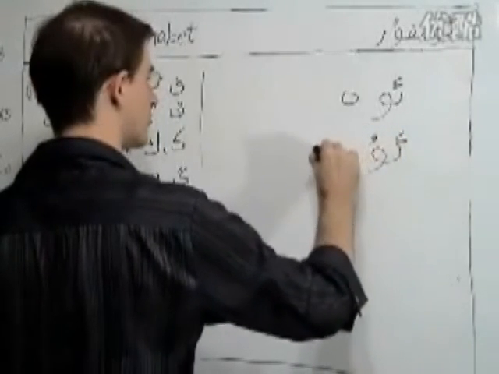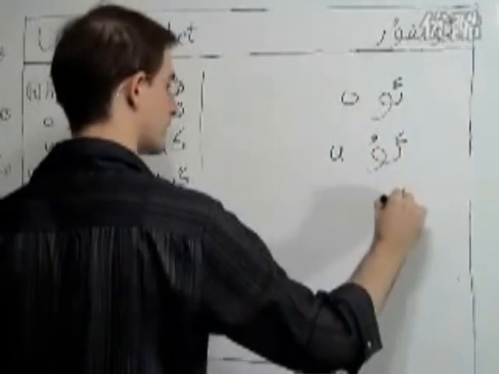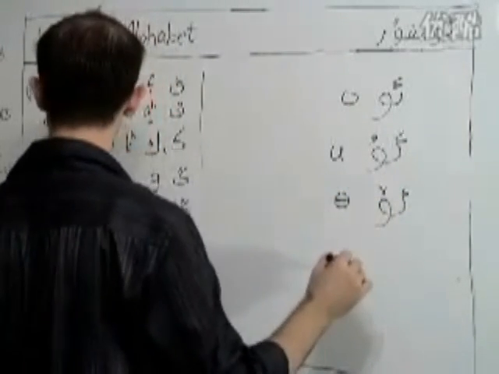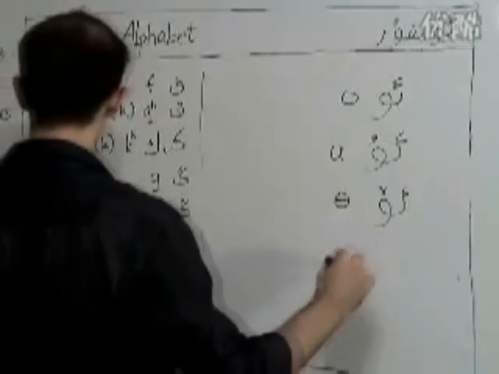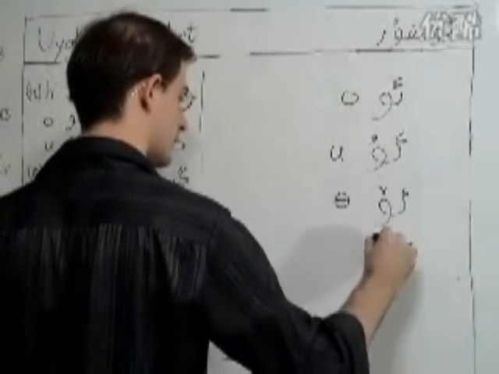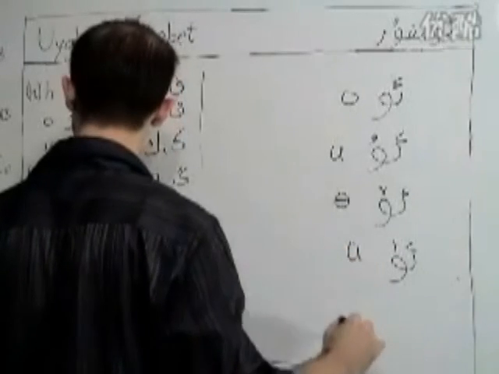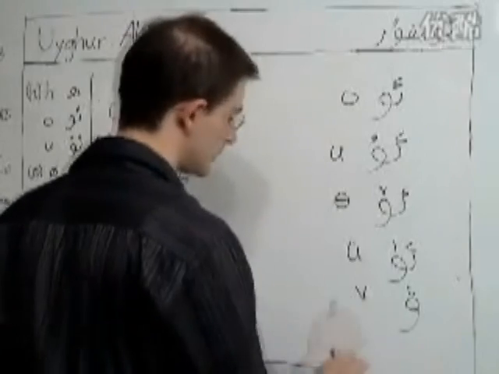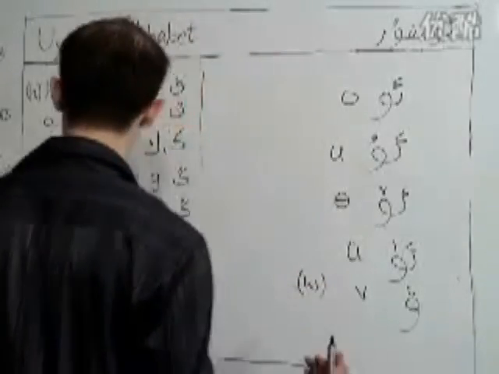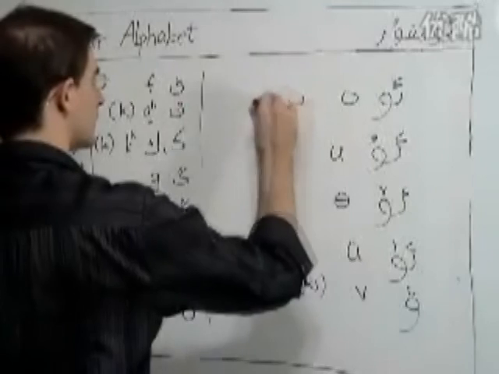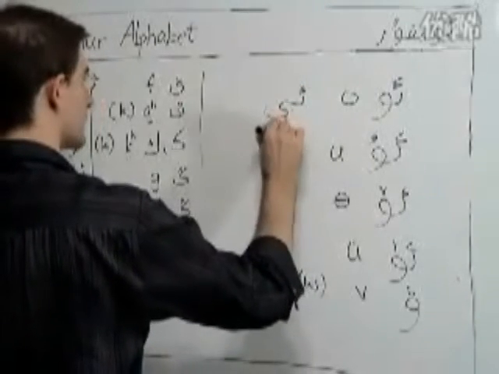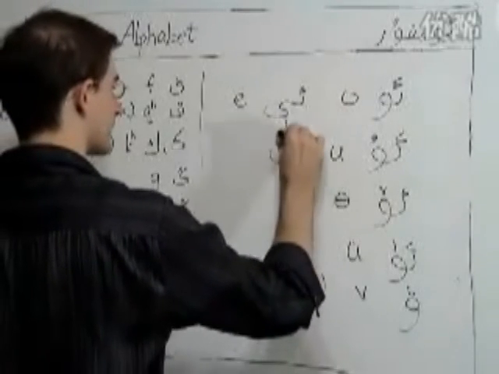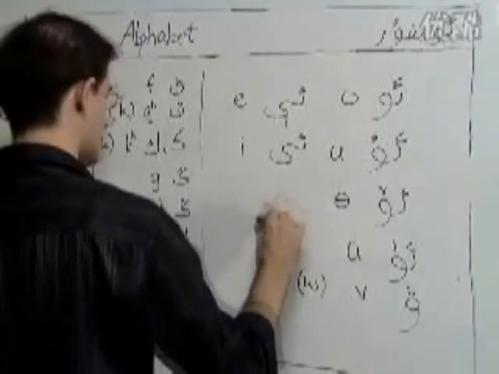This is U. This one is, and this one is U. That's V. It's sometimes pronounced as W. A. E.